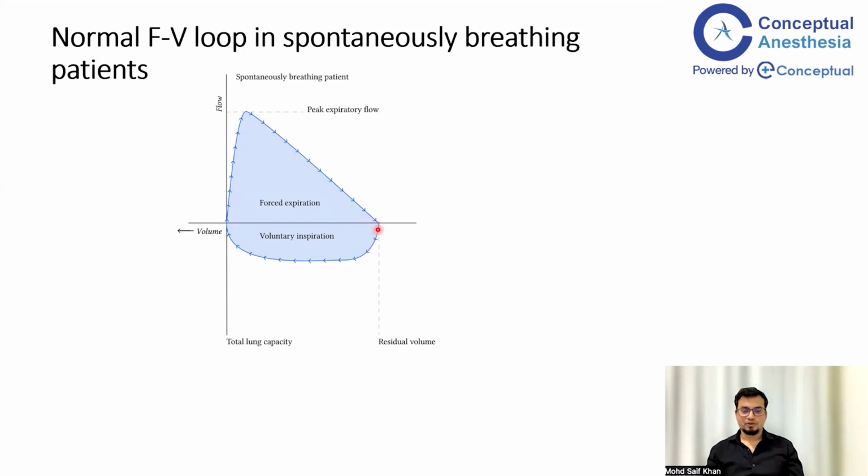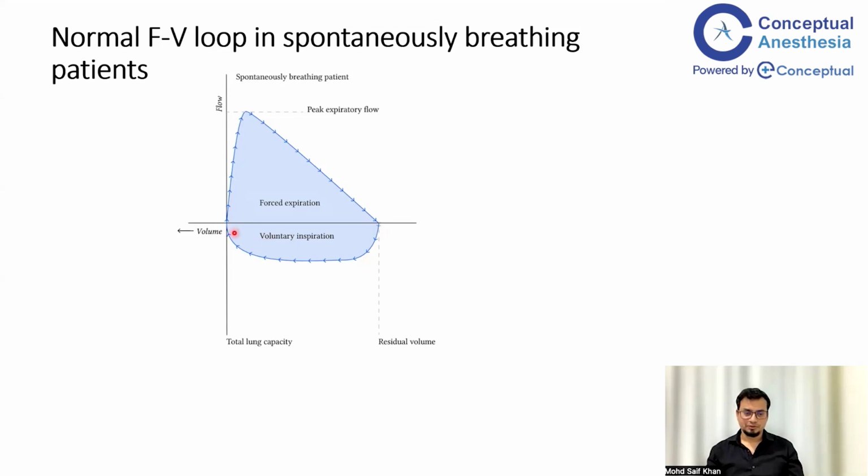From here onwards, your diaphragm descends and you create negative pressure in the pleural cavity, and inspiration starts until it reaches the total lung capacity here. This is the point where the pressure inside will be equivalent to atmospheric pressure. I'm not going to talk about pressure here, it will become too confusing. Just remember the flow and volume.